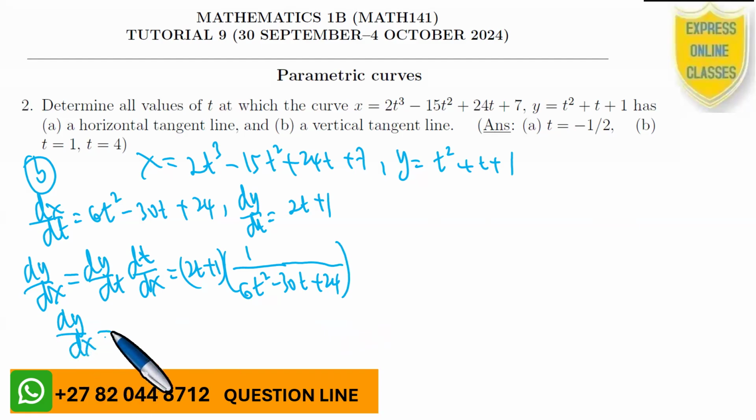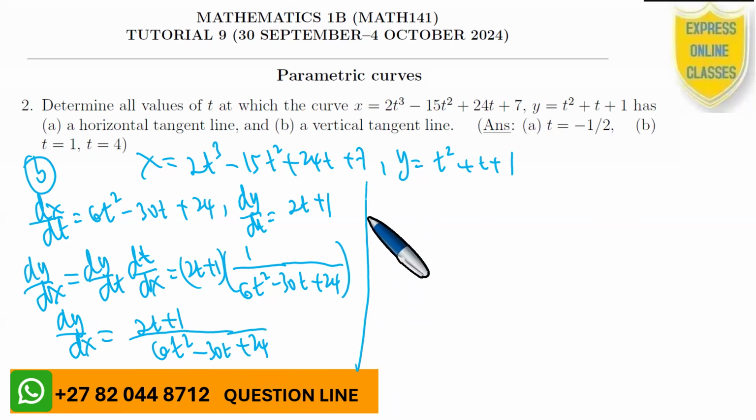So dy/dx is 2t plus 1 over 6t squared minus 30t plus 24. Now, there are a couple of things we need to take into account.